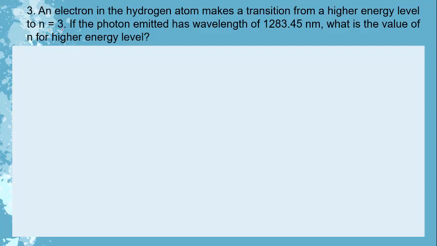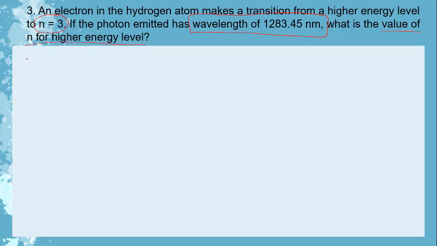Firstly, let's extract the information. n equal to 3, which is the ground state, and the wavelength of the photon emitted is 1283.45 nanometer. We need to find the value of n for the higher energy level.